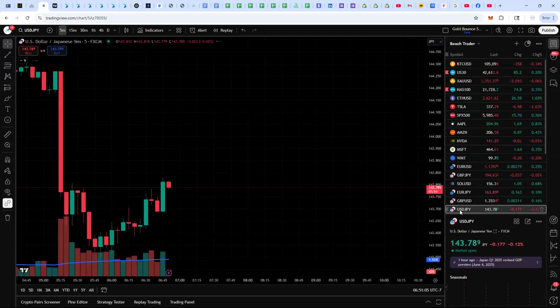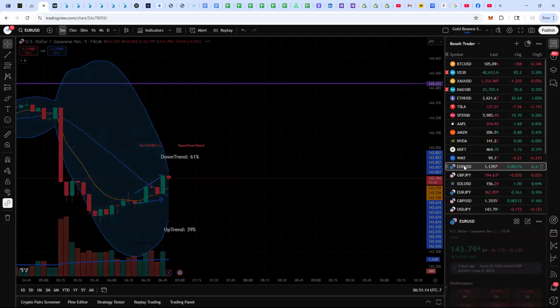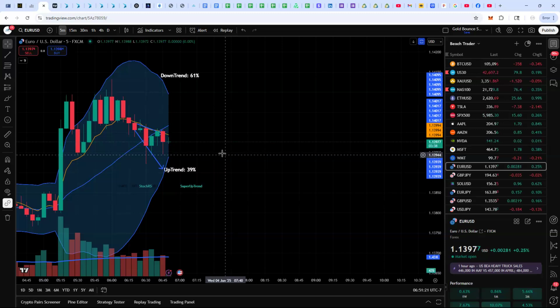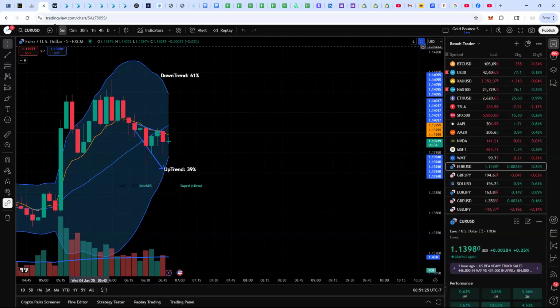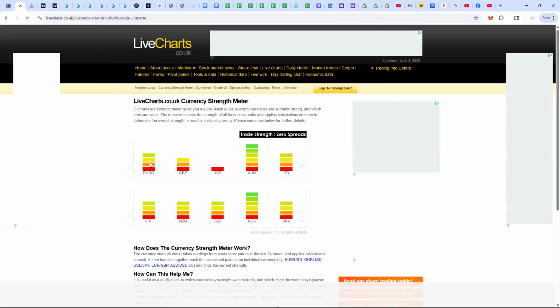See, USD JPY. Even here on the Forex, it says USD is the weakest one everywhere, so even this is thrown off.